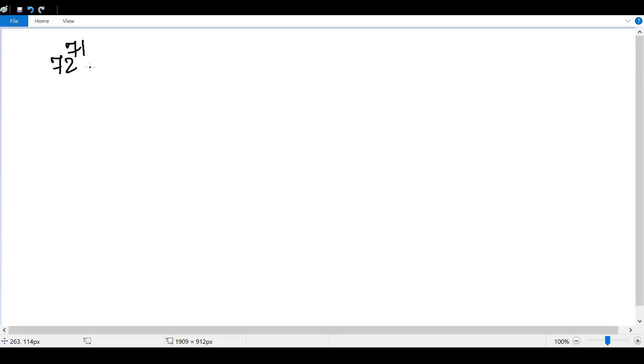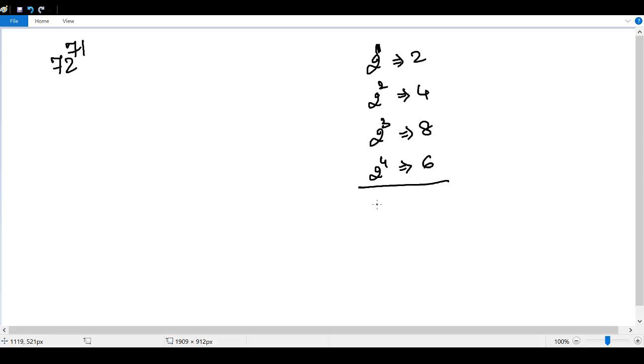The cyclicity of power of 2 says 2 power 1 will always give me a unit digit of 2. 2 squared will always give me a unit digit of 4. 2 cubed will always give me a unit digit of 8, and 2 power 4, which is 16, will give me a unit digit of 6. So 2 power 5 is nothing but 2 power 4 into 2 power 1, which means it is nothing but this 6 and this 2.